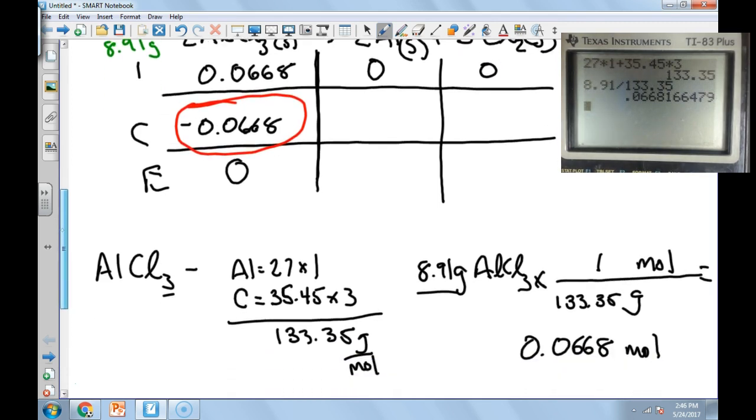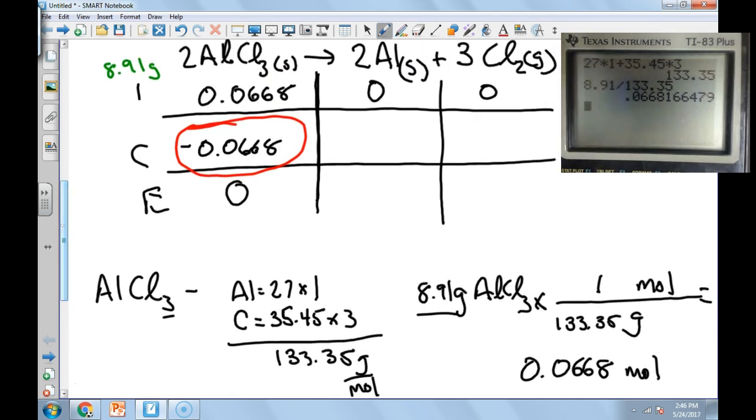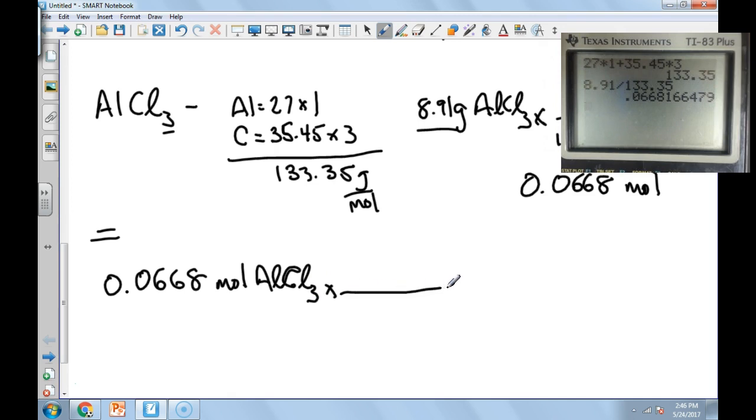We do this by using, again, X-line, but we have to use the balanced chemical equation. As a mental note, this is a separate calculation. So what I know is I have 0.0668 moles of AlCl3 used up. And then we're going to X-line it.